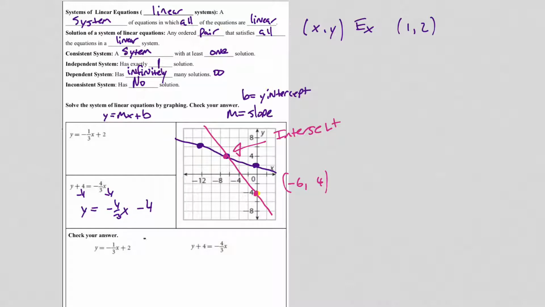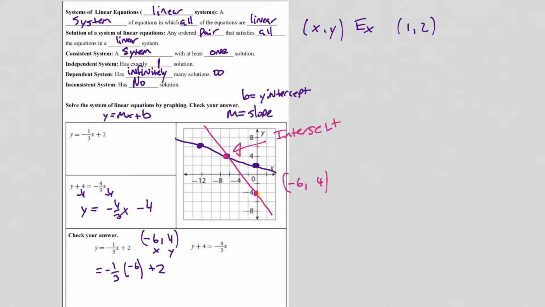so now let's plug in our point negative 6, 4 into each equation, and recall that these are x, y points. Negative 6 is the x value, 4 is the y value. So what happens when you take negative 1/3, multiply it by negative 6, and then add 2 to it?